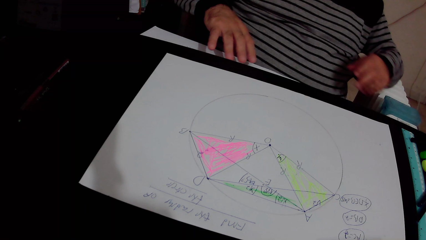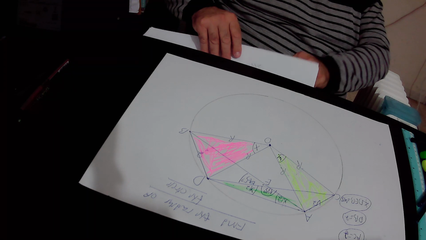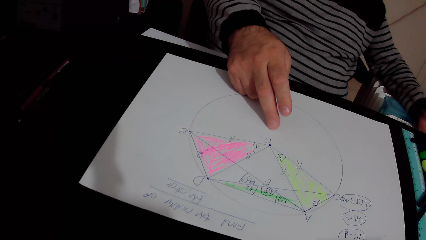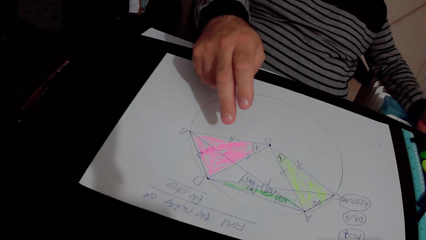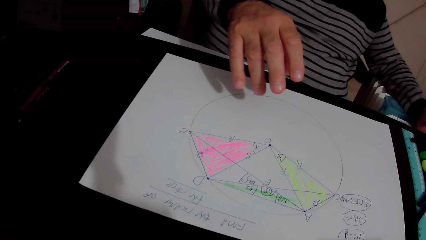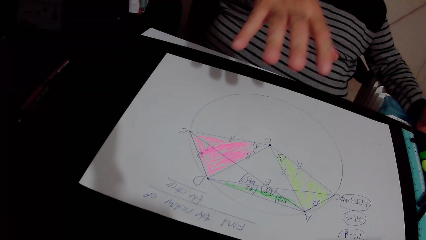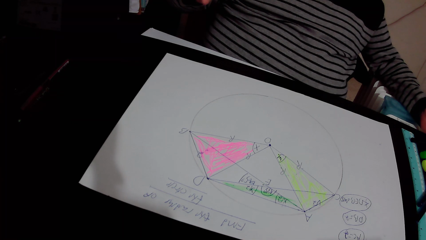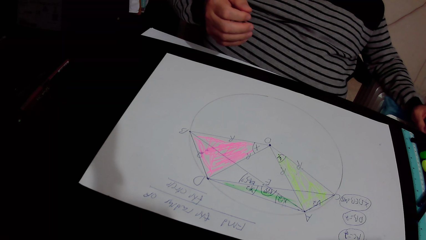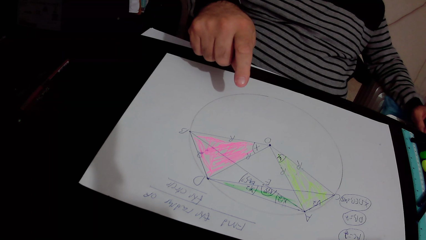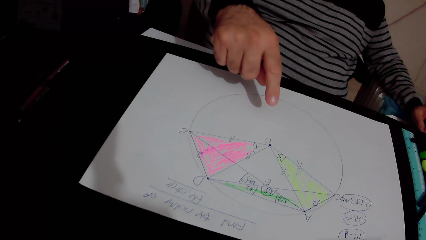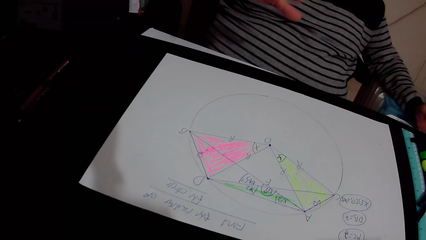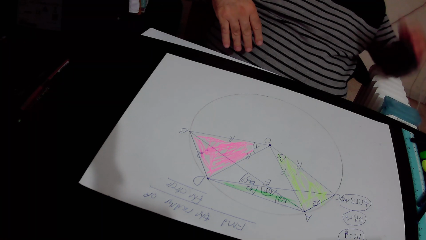All those 4 line segments are the radii of this circle. Why? Because they start from the center of the circle and end at points B, D, A, and C. All those 4 points are located on the circle itself, and this is exactly the definition of a radius. So all those 4 line segments, OB, OD, OA, and OC, equal r.